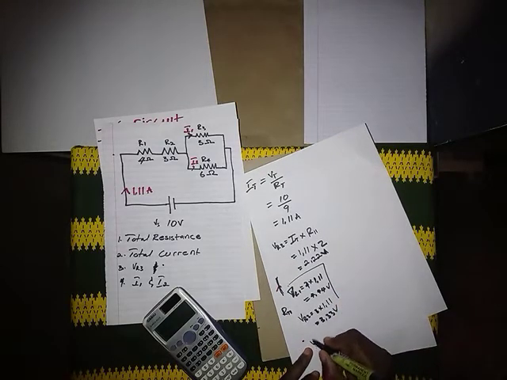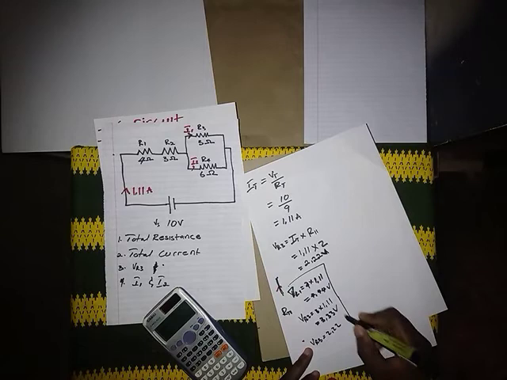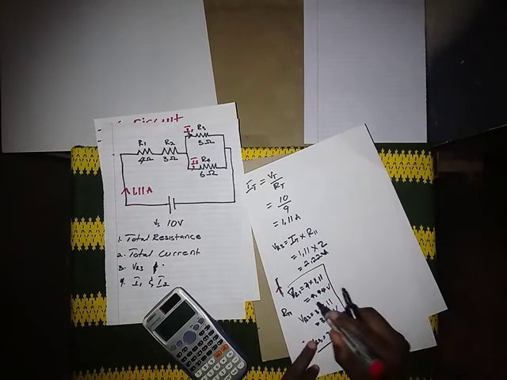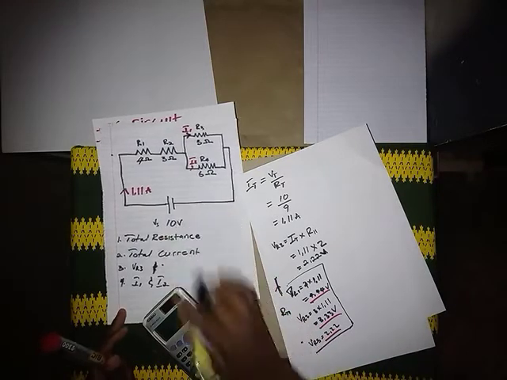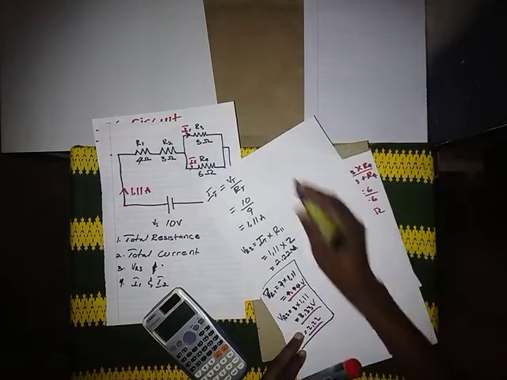The last one, VR3, was 2.22. So the addition of all these must give us our supply voltage.